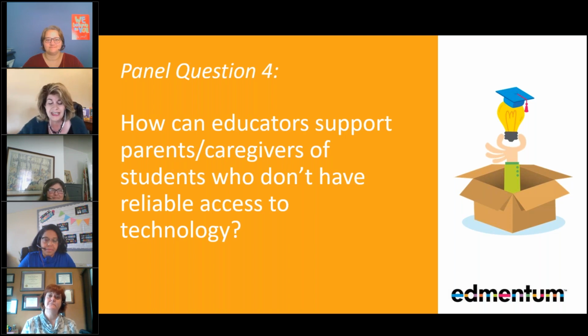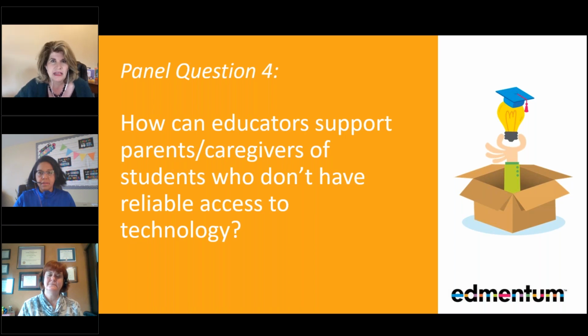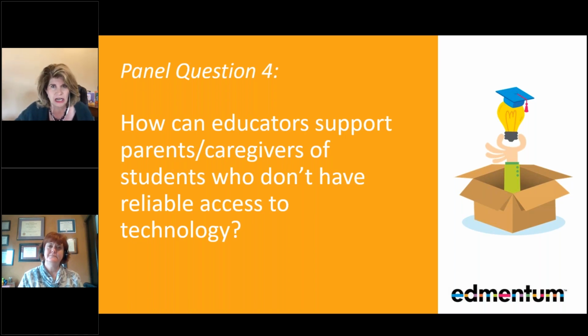We know our kids, and we have a pretty good idea of what their strengths and needs are, as Laura was discussing. That's really critical at this point. So we can use that knowledge of our students to come up with some ideas for authentic literacy and learning experiences that can be happening in the home without technology.